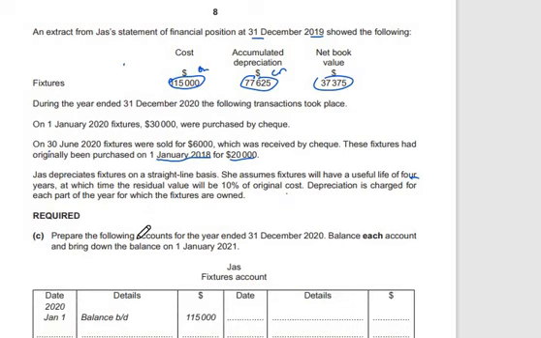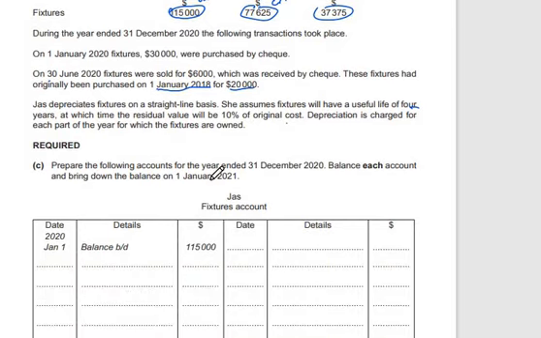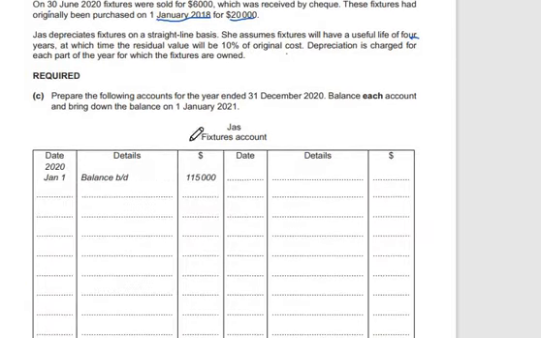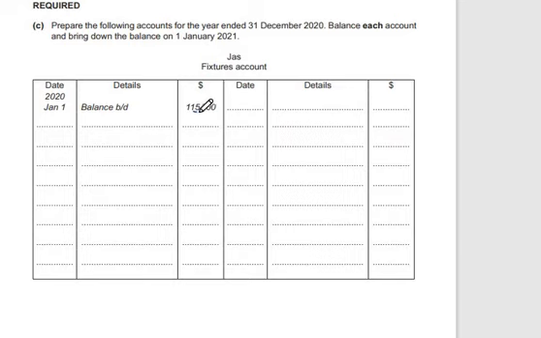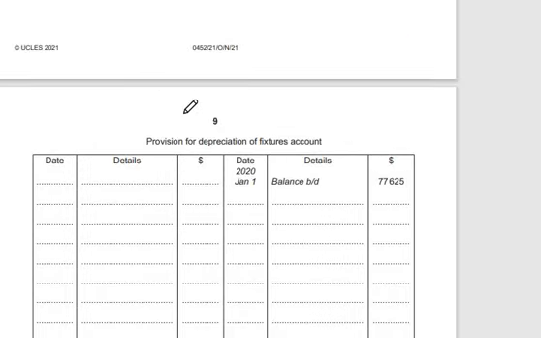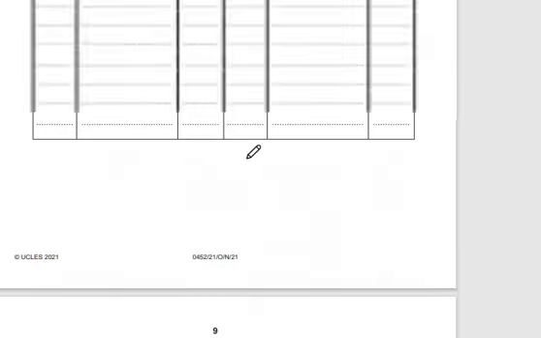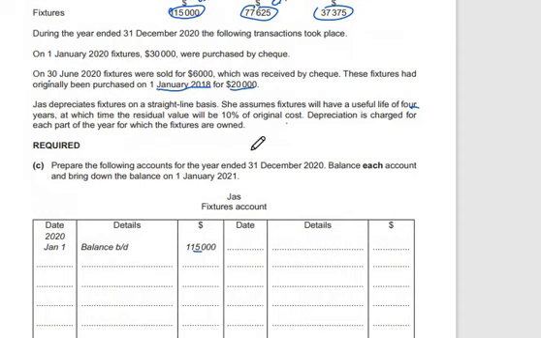Now, like I said, in the fixtures and fittings account, the 115,000 is the balance brought down, right? And then in the provision for depreciation, the 77,625 is the balance brought down, meaning this is the depreciation which has been calculated so far by January 1st, 2020. Now, what do we need? We need to understand that on 1st January 2020, they purchased other fixtures.